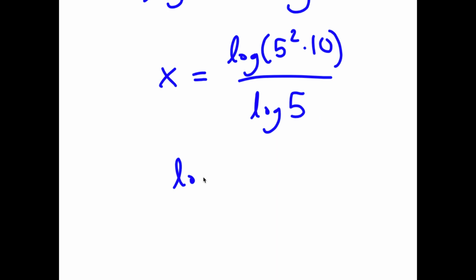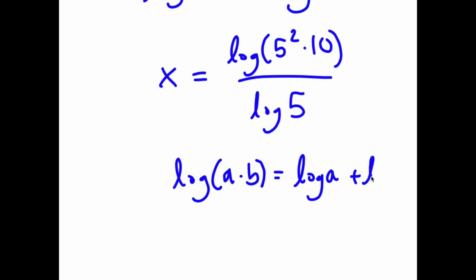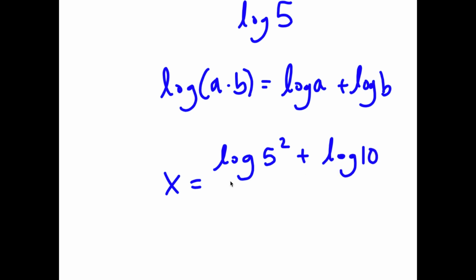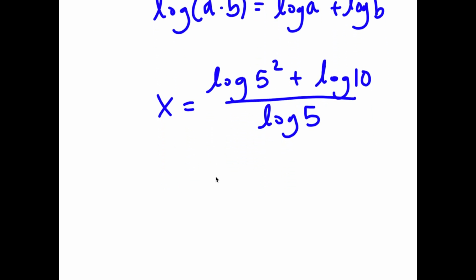Now if I have something in the form log a times b, this is equal to log a plus log b. So log of 5 squared times 10, that's going to equal log 5 squared plus log 10. Now I have this over log 5. Now remember how if I have something in the form log a to the power of b, I can move this to the front.